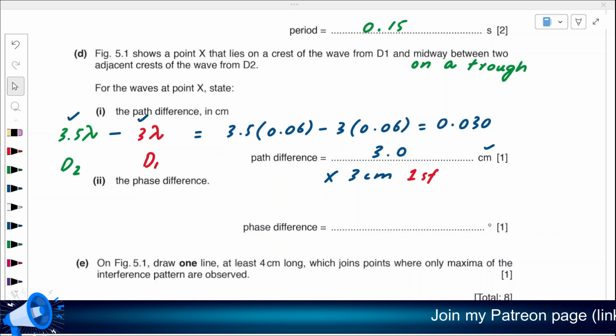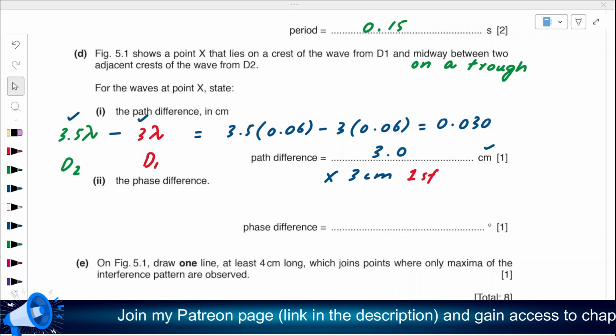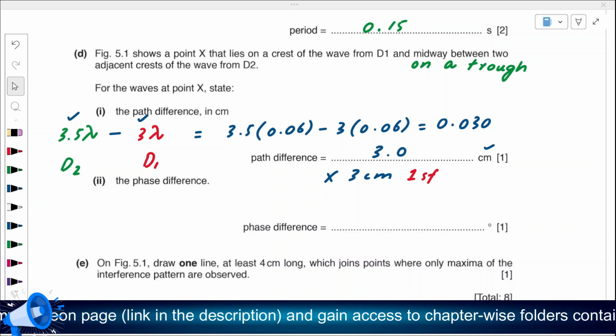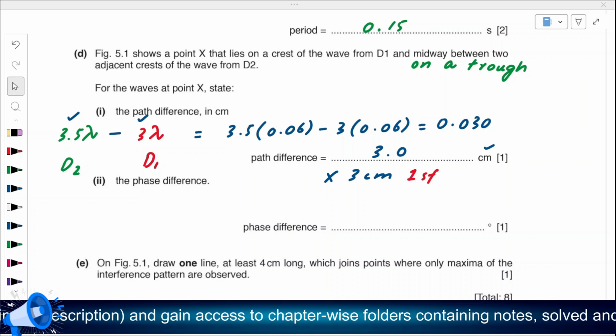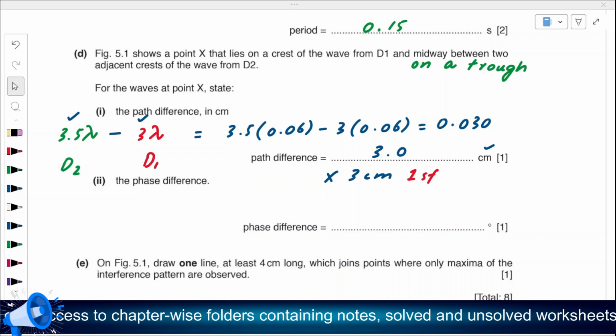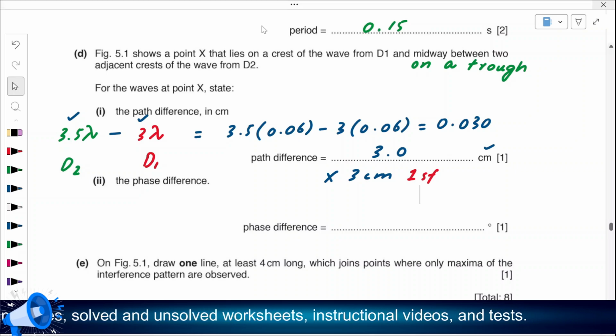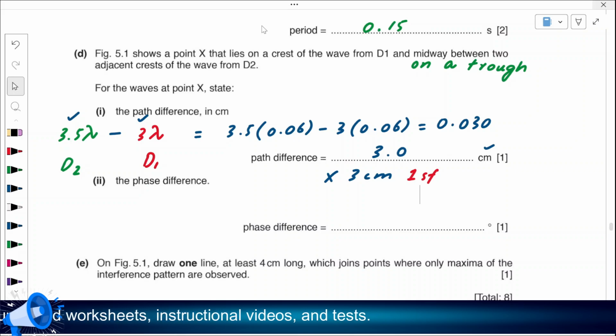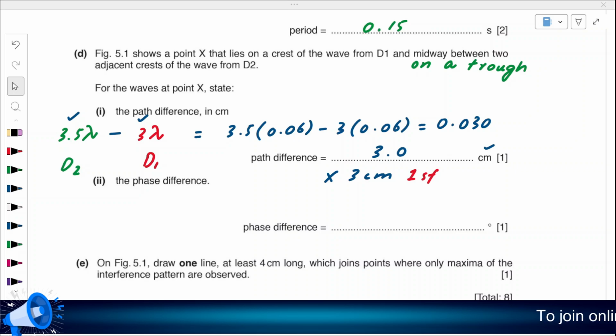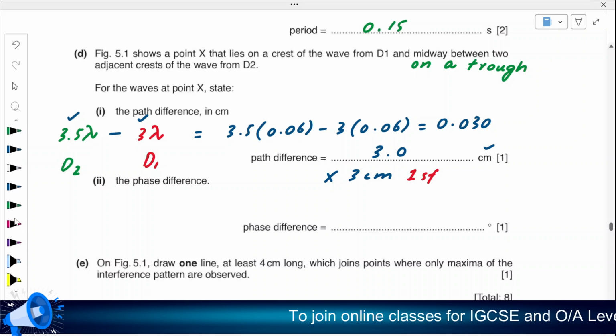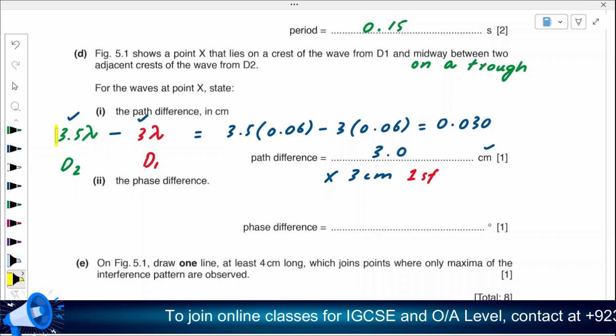we need to find the phase difference between the two waves at the point X. So, I mean, the simplest solution is for 1 mark. We don't want to complicate that.